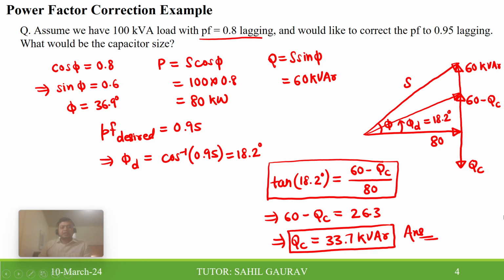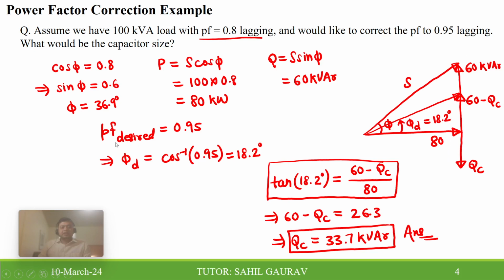Now, in order to improve the power factor from 0.8 lagging to 0.95 lagging, what should be the capacitor size?